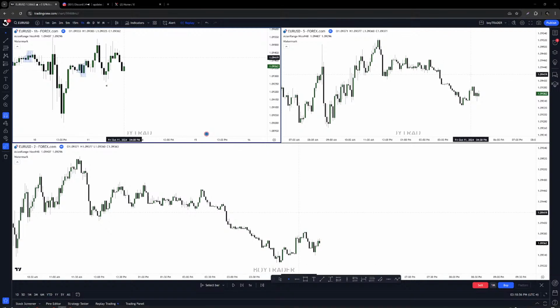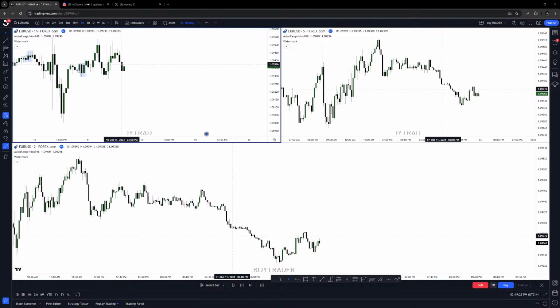We're going to be back testing the Euro USD, just for last week. We're going to be taking one trade and one session, using the 2022 model.